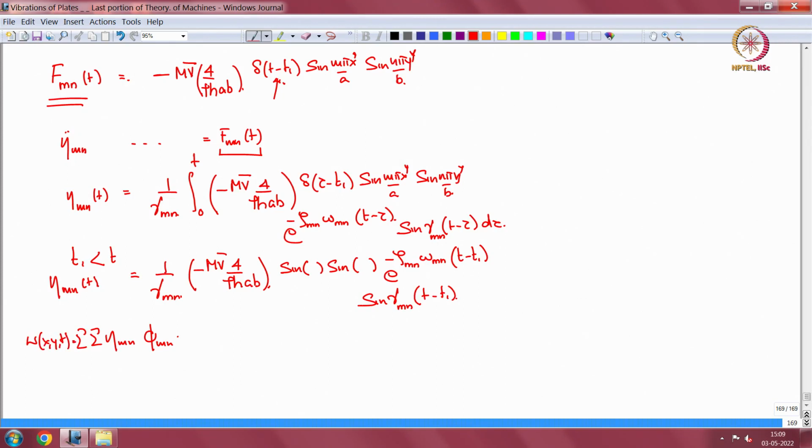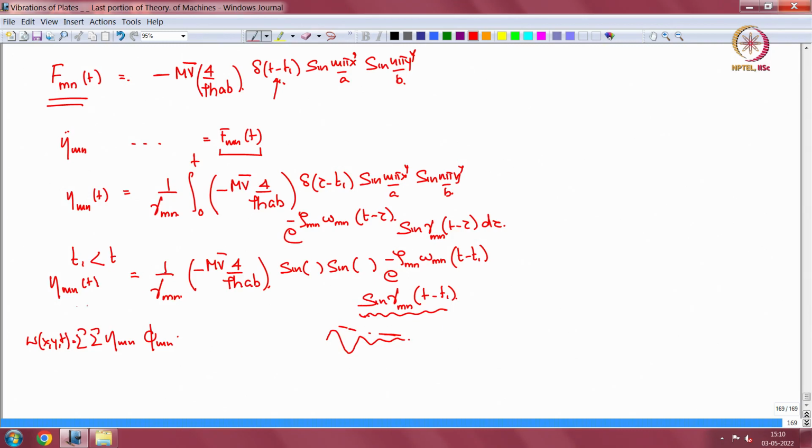Okay. So you can more or less see that this is an oscillatory function and this is a decaying function. So the response will be somewhat like this, okay, oscillating and decaying. Okay.